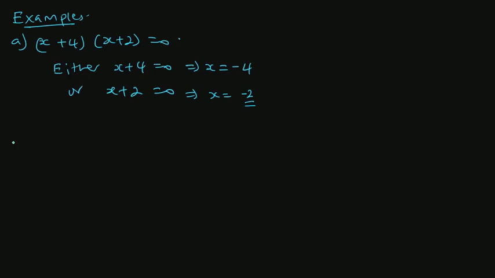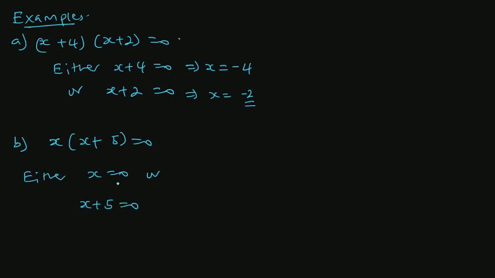Good. Example B, if you have x into x plus 5 equals 0. The same thing, we have already the factors here. We have x and then x plus 5. So for all of this to be equal to 0, either x is 0, or x plus 5 is equal to 0.